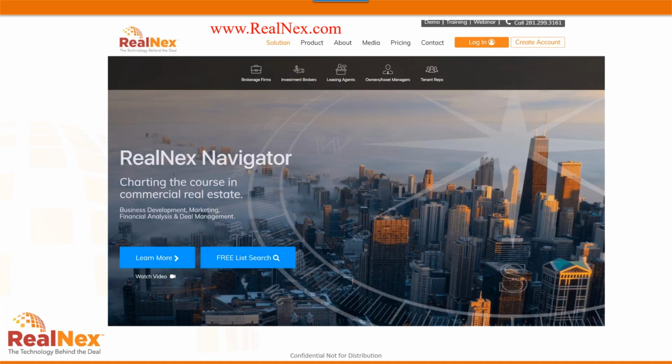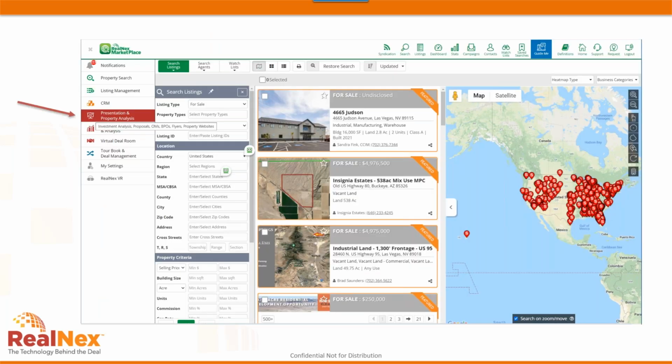Okay, so let's turn to RealNext. Within the RealNext Navigator, probably most people on this call are already users of RealNext. Just maybe you haven't used the investment analysis or want to see if you're using it the right way. So we're going to go into the presentation and property analysis. It's not called investment analysis because there's so much more that you can do here.